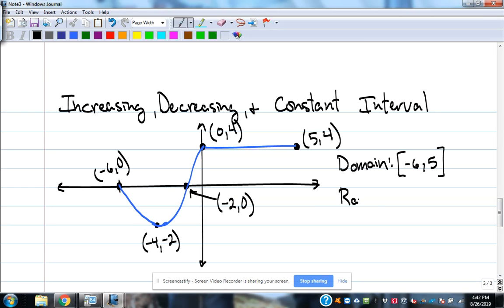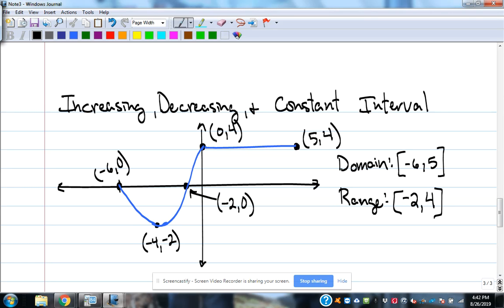Okay. What would be the range? Let's go ahead and get that out of the way, and then we'll get into these intervals of increase, decrease, and constant. -2 up to 4, and we'll put brackets on those as well because they're using those.